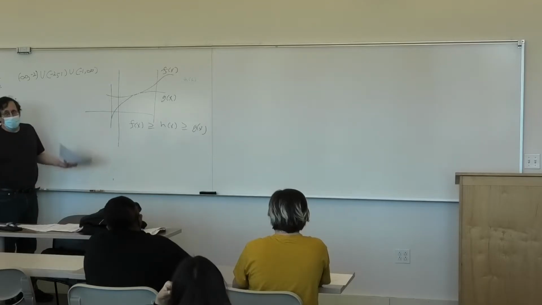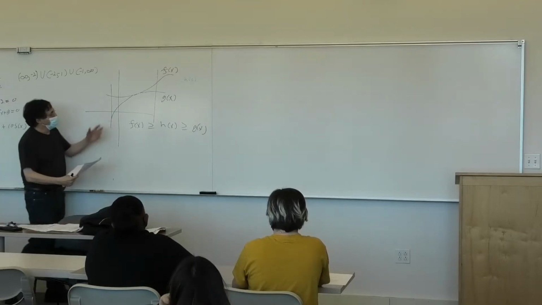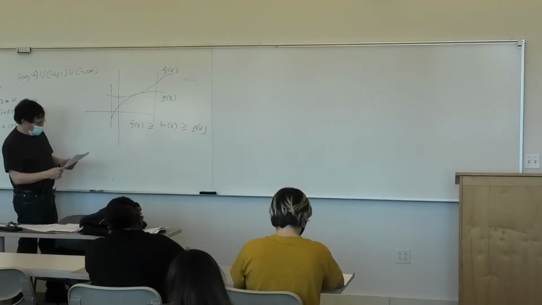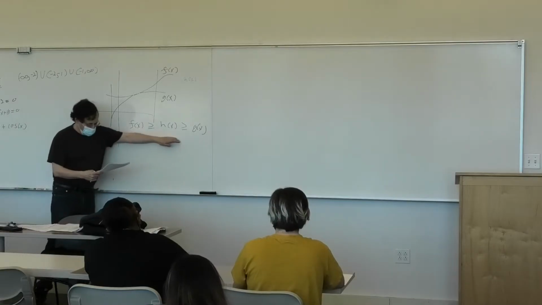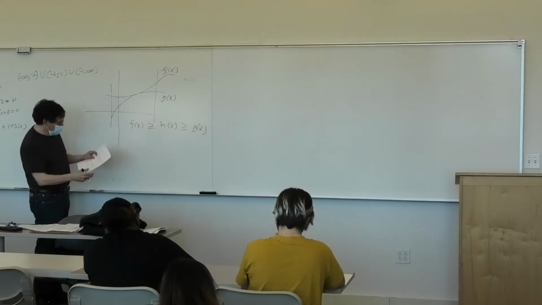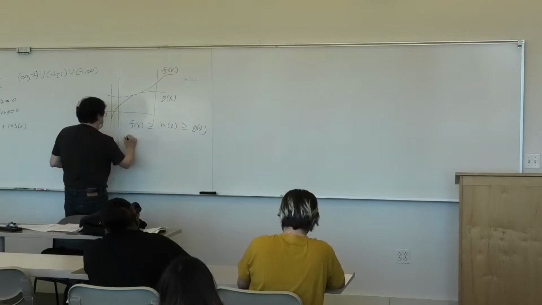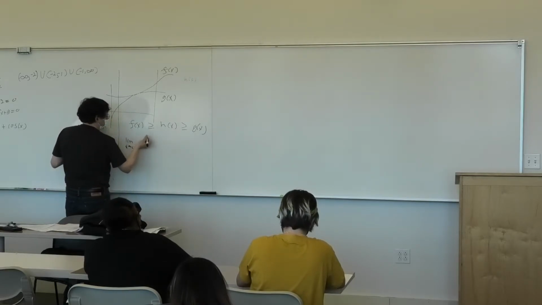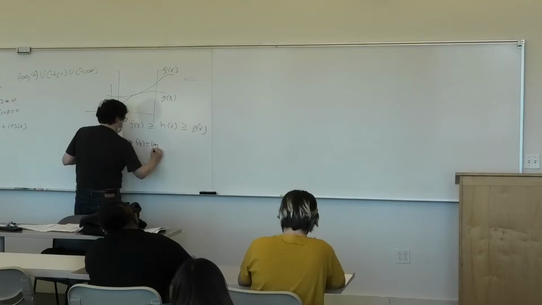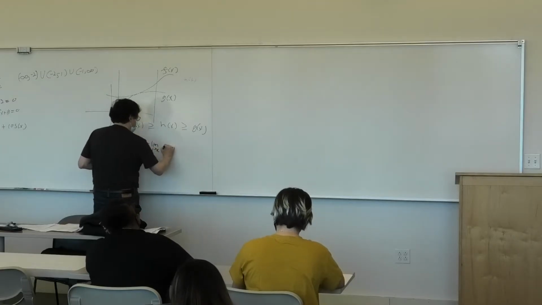And we have this thing called the Squeeze Theorem that applies to this. It says that if you have this condition on some interval, and the limit as x approaches some c of f of x is equal to the limit as x approaches the same c of g of x.